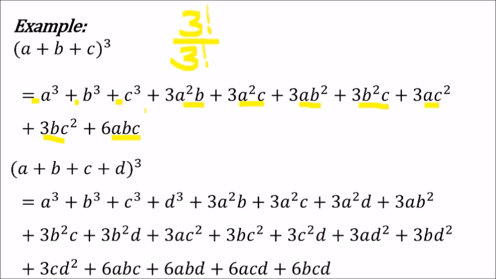Dito naman sa next natin, we have a square b, a square c, ab square, b square c, ac square, and bc square. Pare-pareho yung kanilang coefficients, which is 3. So, bakit 3? Because if you look at the exponent of each of the variable here in the term, it is a combination of exponent 2 and 1.